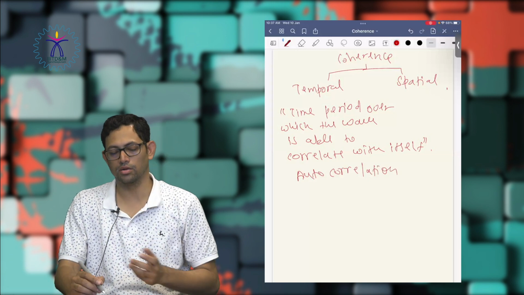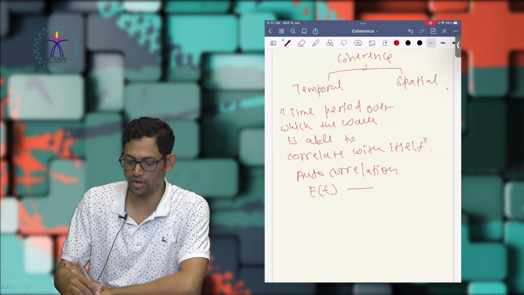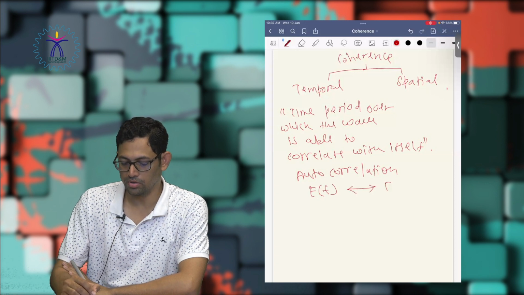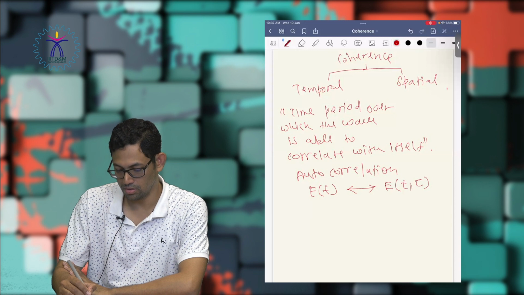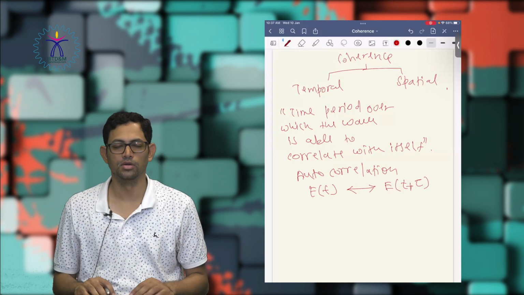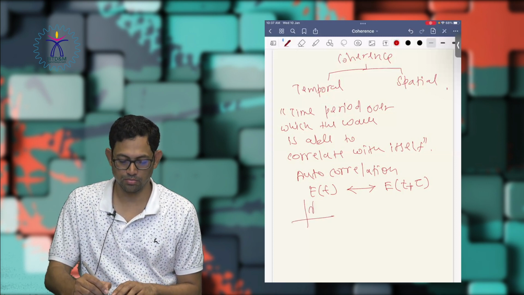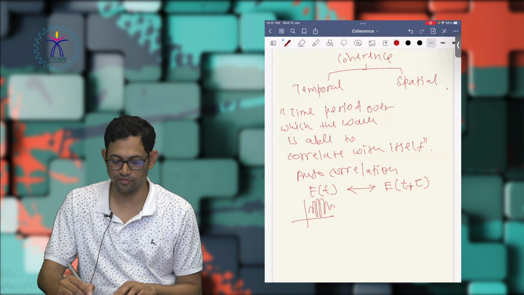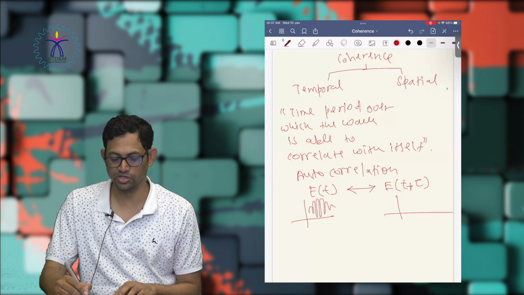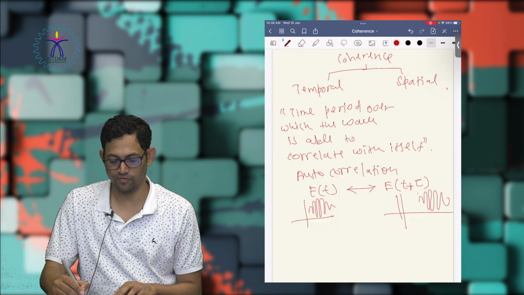It is the same electrical field, but we correlate it with a time shifted or delayed version of the same electrical field. For example, it is this particular electrical field wave packet, but now shifted by a particular time instant. This shift is given by tau.